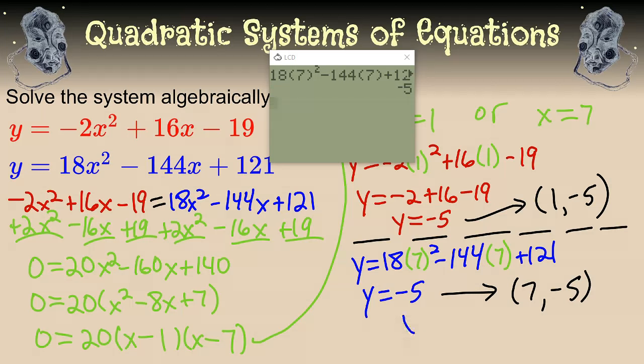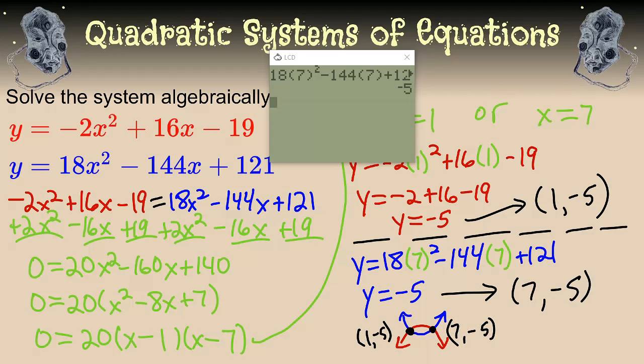So it's going to be something like this, and like that. And our points of intersection are going to be 1, negative 5, and 7, negative 5.